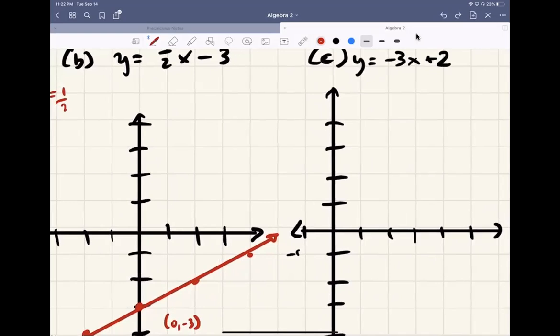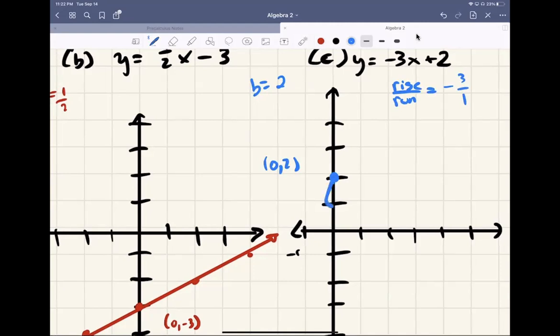Now let's go over here to y equals -3x plus 2. So right here, our y-intercept, our b, is +2. So we're gonna start here at (0, 2). And our slope here, our rise over our run, because it's a whole number, -3, we're gonna put the -3 over 1. So that means we're going to be going down 3. Instead of rising, we're decreasing.